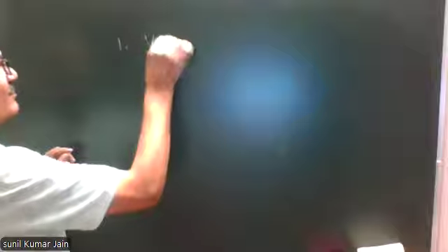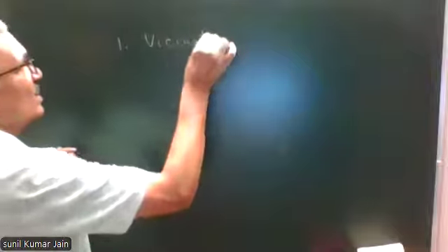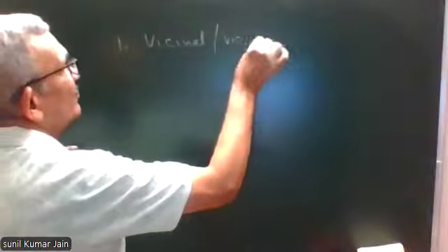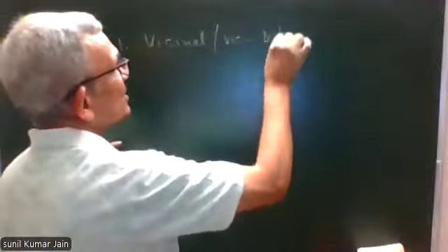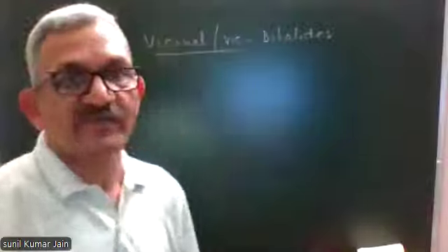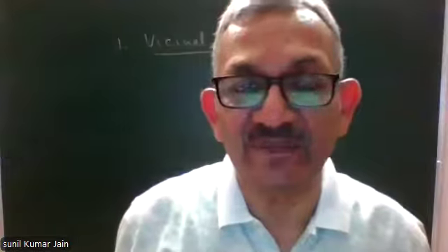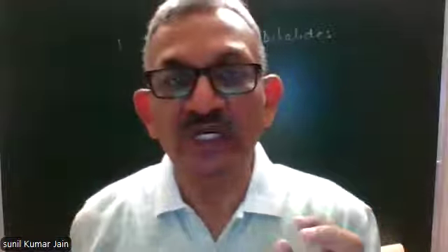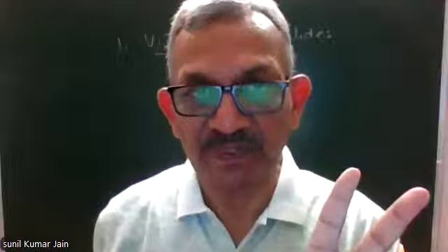One is vicinal or Vic dihalides. Vicinal word comes from vicinity. Vicinity means neighborhood. So vicinal dihalides are those in which halogen atoms are attached to adjacent carbon atoms, right?